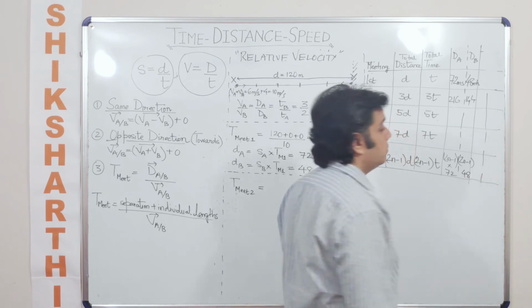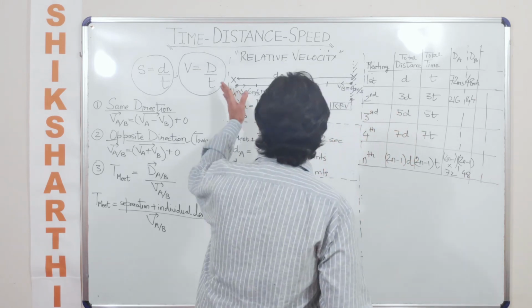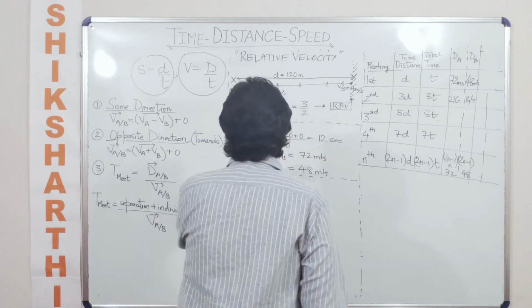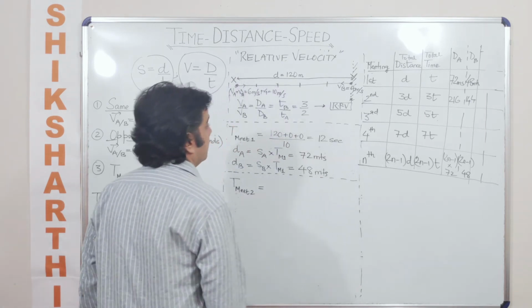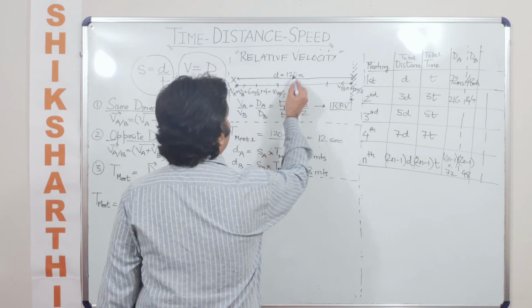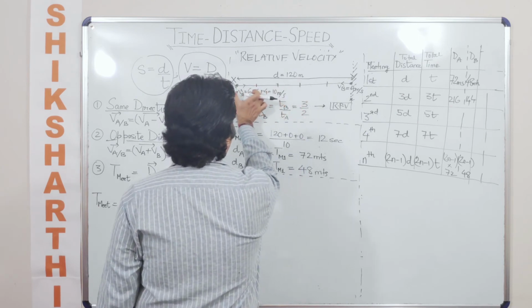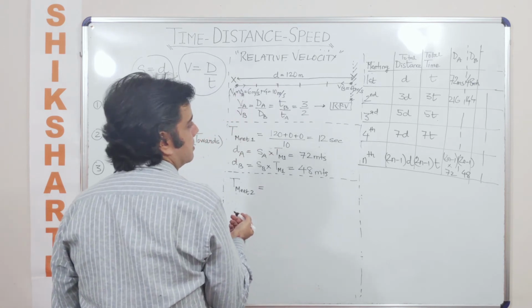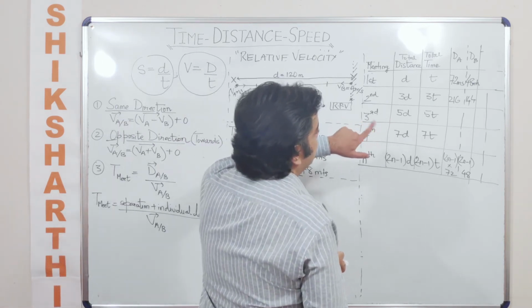The next thing that we can do here is, from either of the sides, at which point are they meeting? So what I am doing here is taking all these as 12, 12, 12. Or I can convert this into minutes. So let's say 72 and 48.